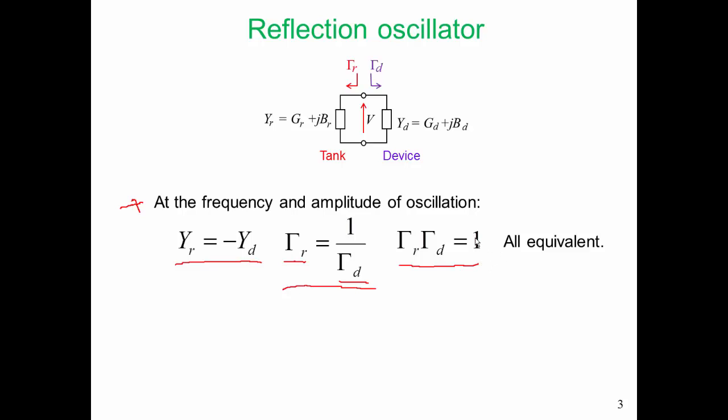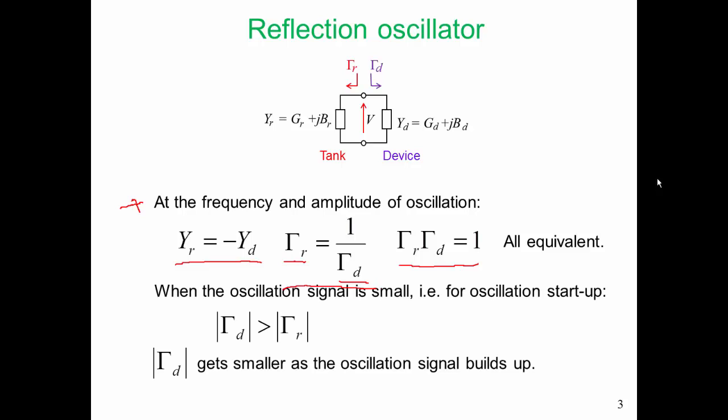Now there's some other criteria that we realize must apply. When the oscillation is small, that is when the signal is just starting, a condition that we call oscillation startup, we must have the magnitude of the reflection coefficient of the device greater than the magnitude of the reflection coefficient of the resonator.